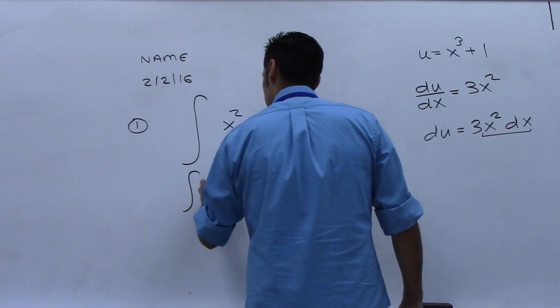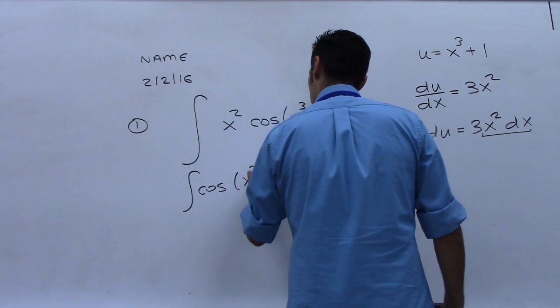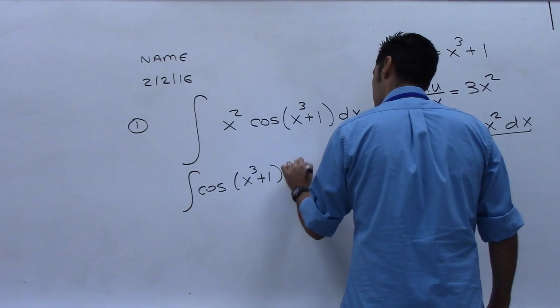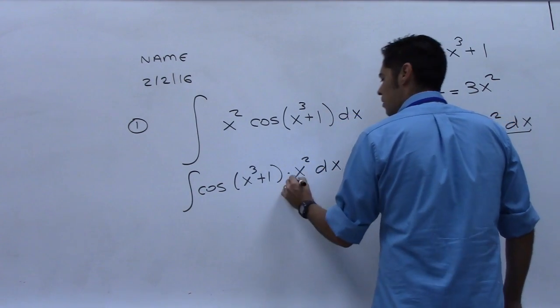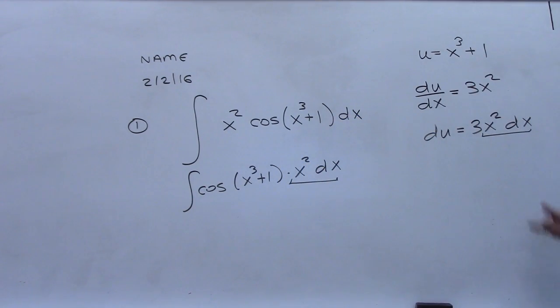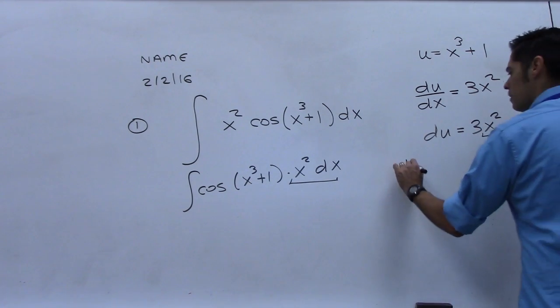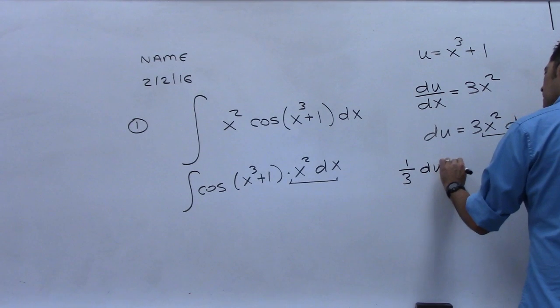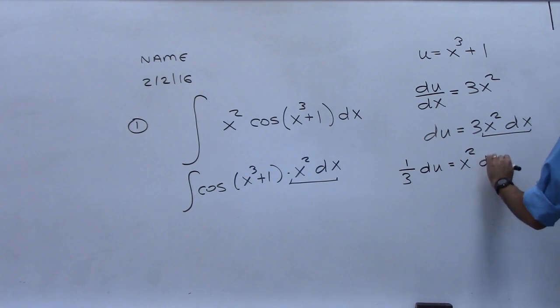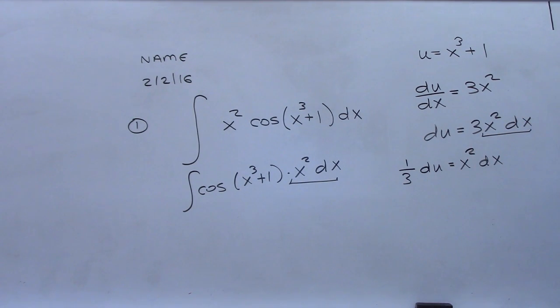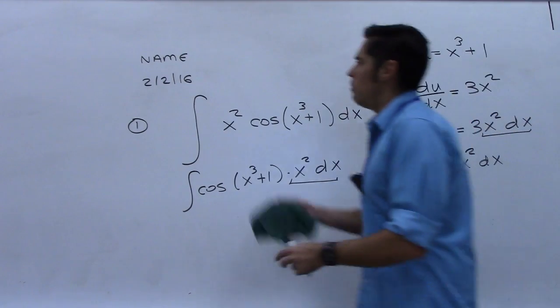If I rearrange this, then you have it right there. So we just need to get rid of that 3, so we scale both sides by a third. And then I rewrite the entire problem.